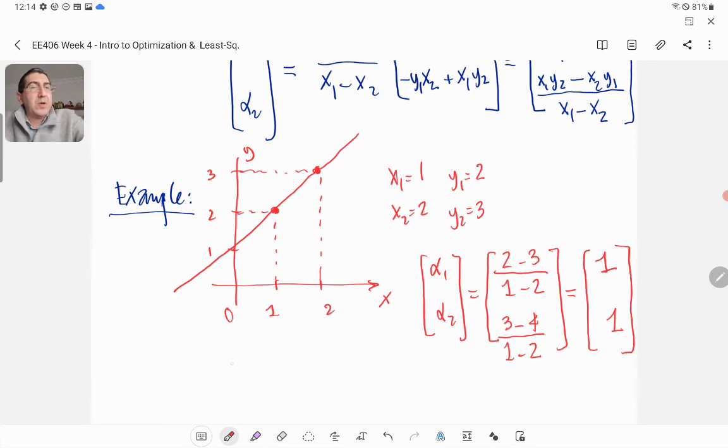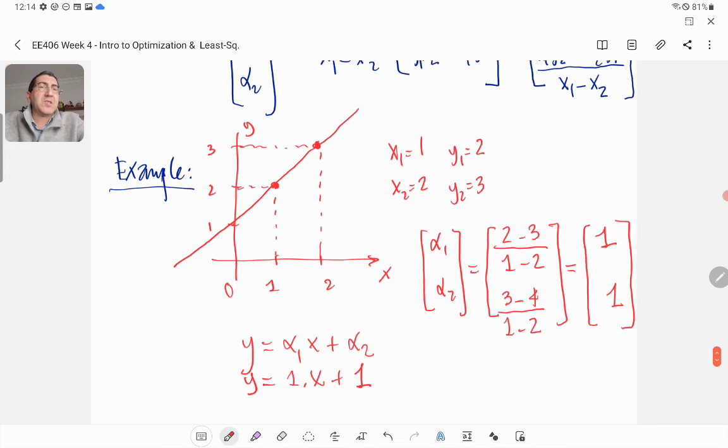Okay, so our equation is simply, remember, alpha 1 x plus alpha 2, and in our case this is 1 times x plus 1. So the slope is 1, obviously, and also when we let x go to 0, alpha 2 gives us 1, which is this point over here, right? This is our alpha 2.